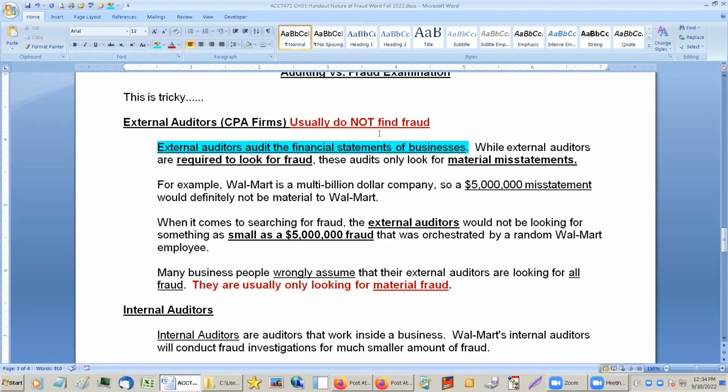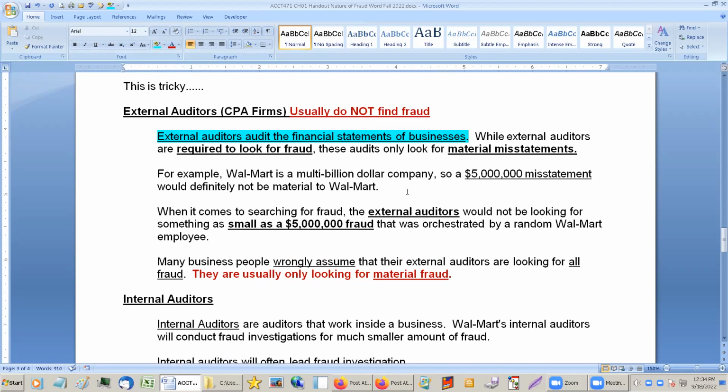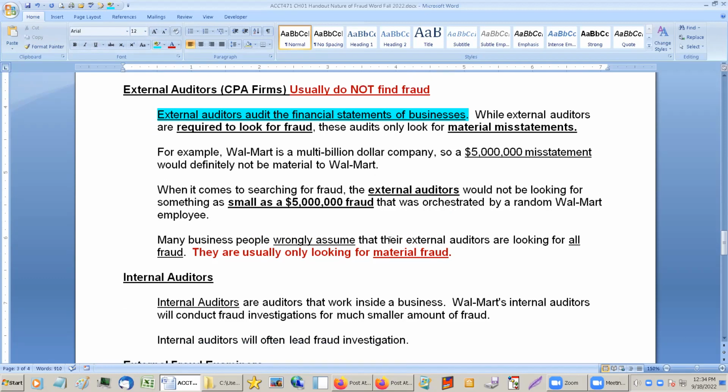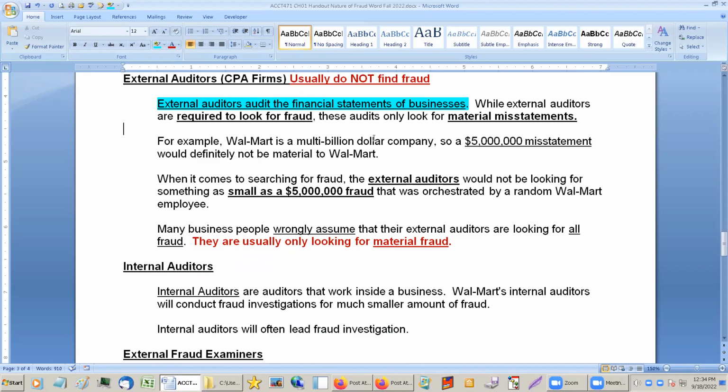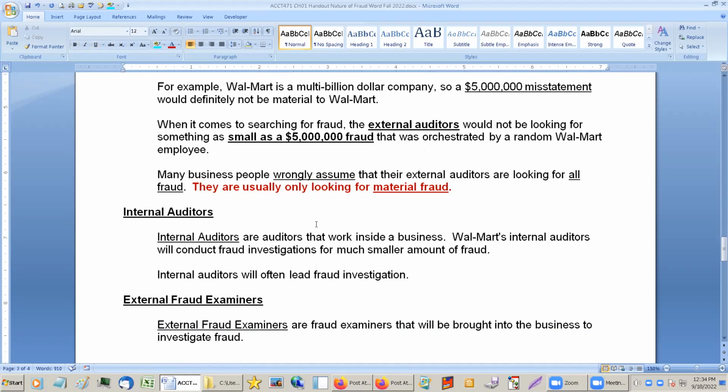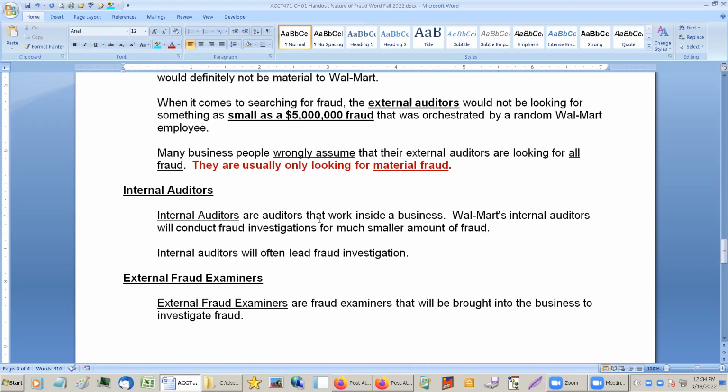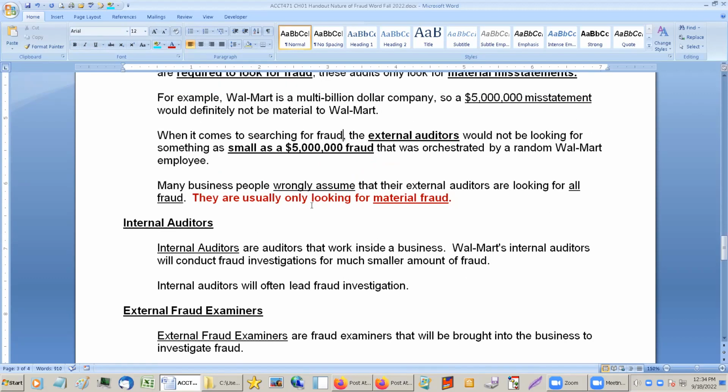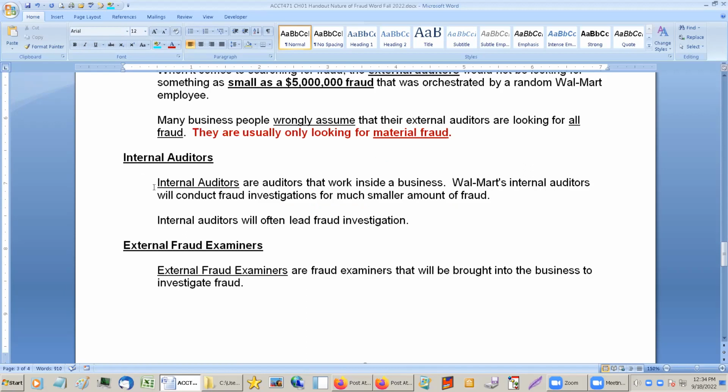They're only looking for very large things that will sway the company. Now, it could be a smaller firm. For a smaller firm, obviously, $5 million is a huge amount of money. Then, yeah, they'd be looking for it. But especially for larger firms, they're not looking for fraud unless it's material. So, if someone's stealing $50,000, for a lot of companies, that's not going to be material.